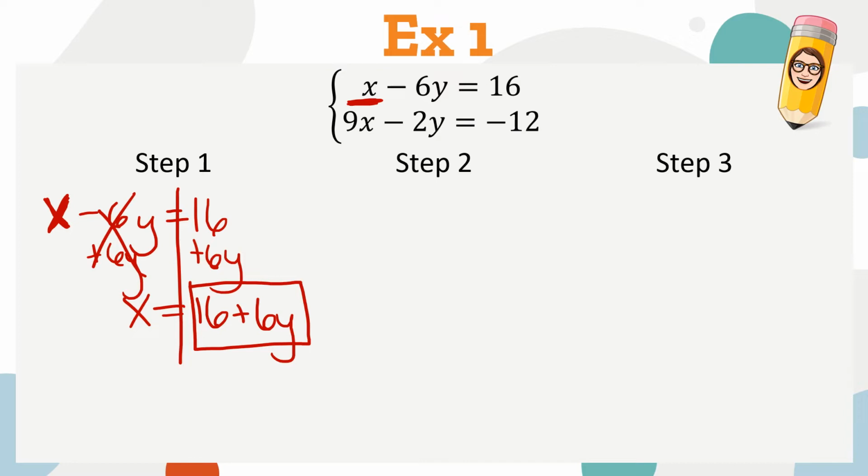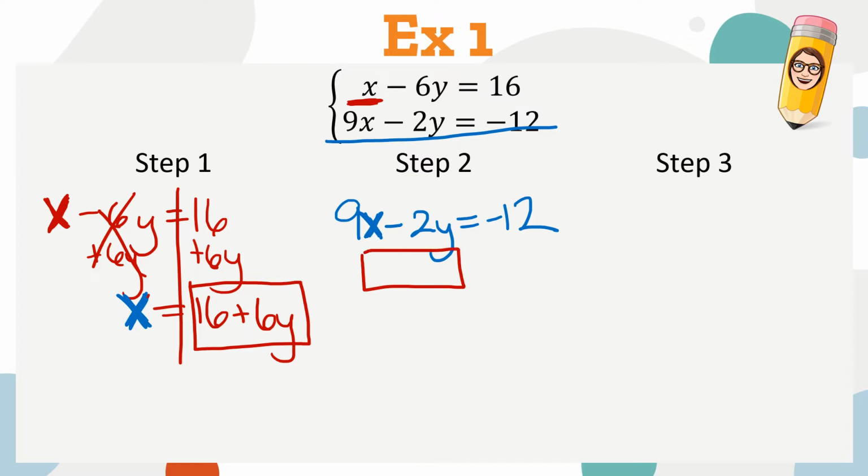For step 2, we have to use the other equation. So I'm going to write the second equation. Now, I solved for x, which means where x is, I'm going to draw a box. Everything else falls down. Instead of x, I draw a box.